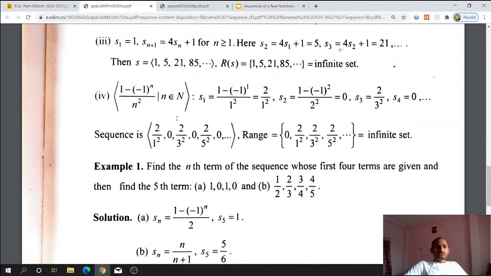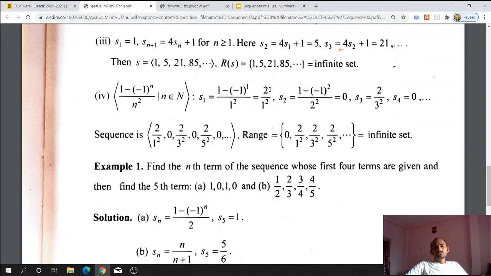This is the set builder form. You are given the sequence 1 minus (minus 1) raised to n upon n square, where n belongs to the natural numbers. So the terms of this sequence are: what is S1? Put 1 instead of n. So 1 minus (minus 1) to the power 1 upon 1 square, that is 2 upon 1 square.